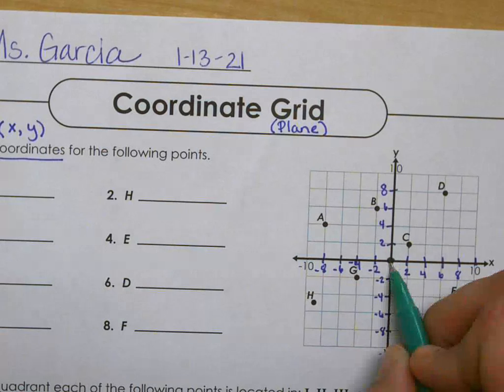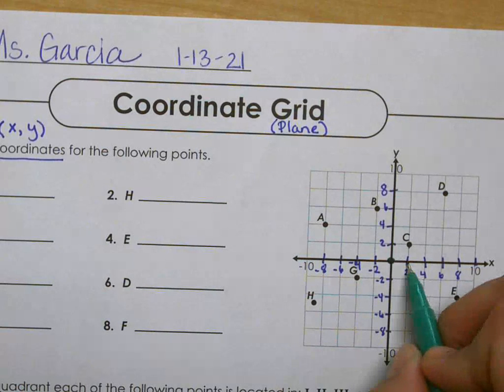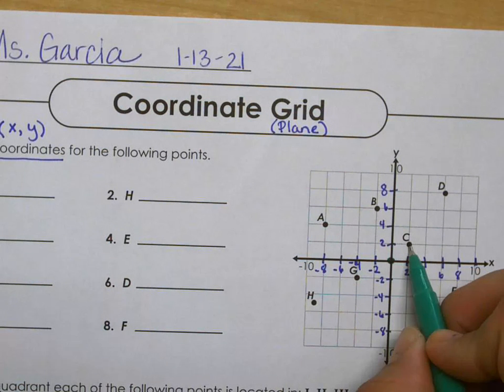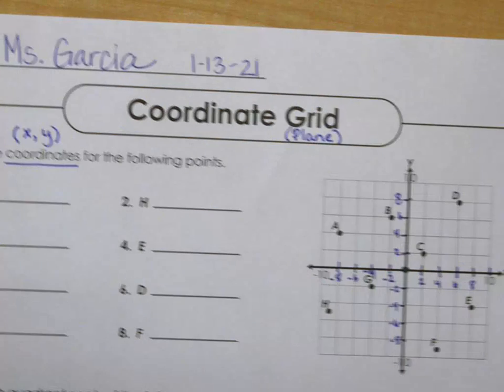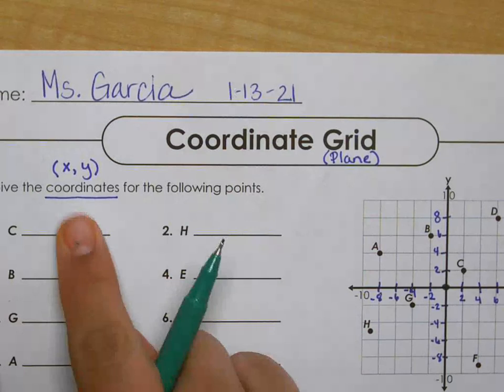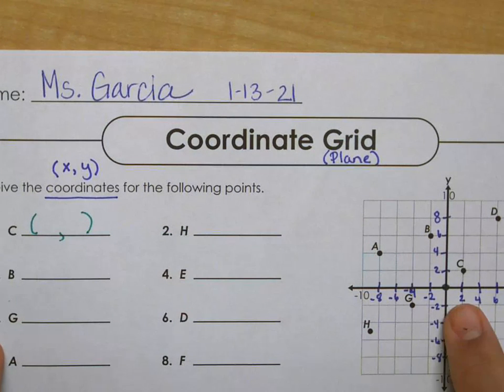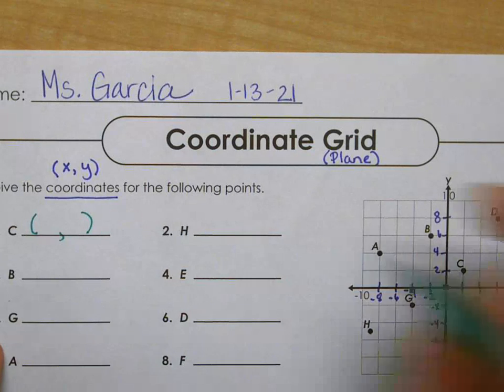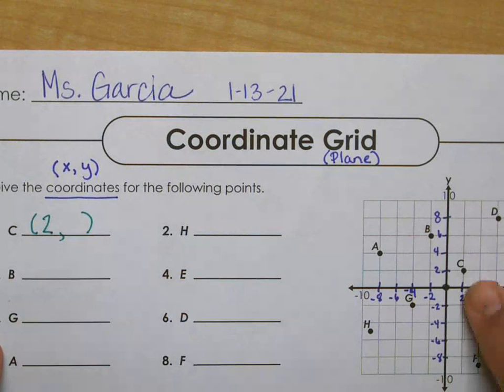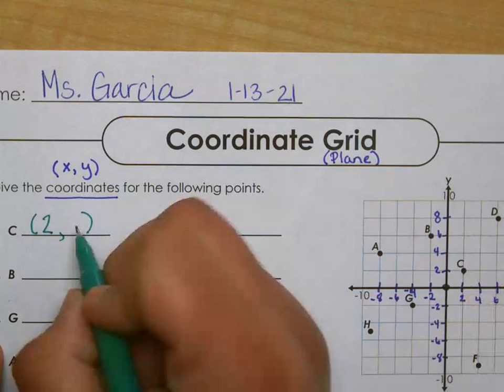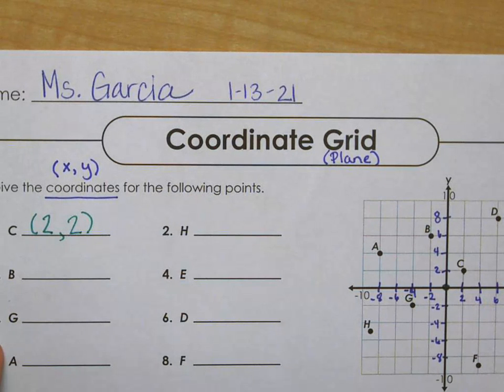So we start in the middle and we go over to +2 and then up +2, and that's where we find our point C. So our coordinates for C, remember in parentheses, are x going over to 2, our x is +2, and our y is +2. So our coordinates are (2, 2).